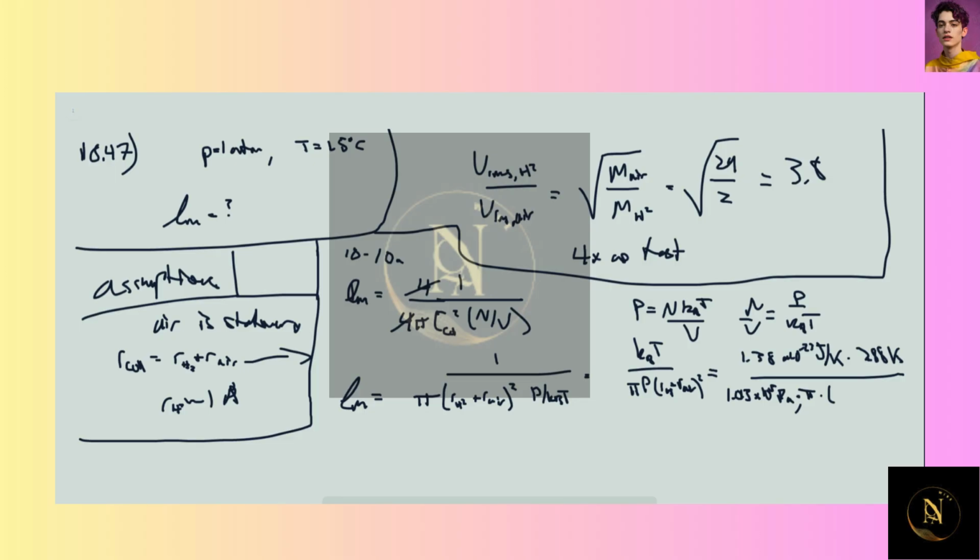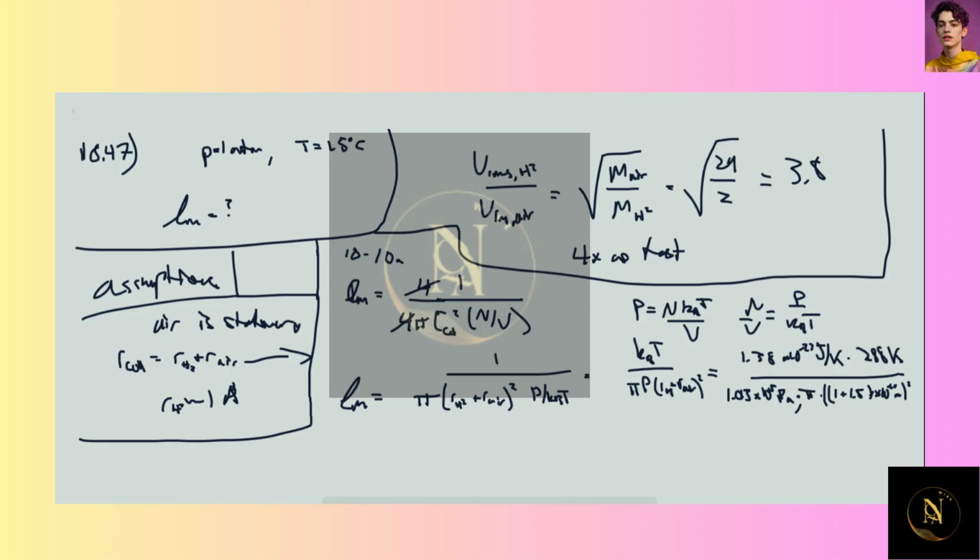Okay, so RH2 is roughly 1 angstrom, so this is 1, and R air we did in the previous problem, problem 45. You can look back at that. So this was given as 1.5 angstroms. So 1 plus 1.5 all times 10 to the negative 10 meters, and that's squared.